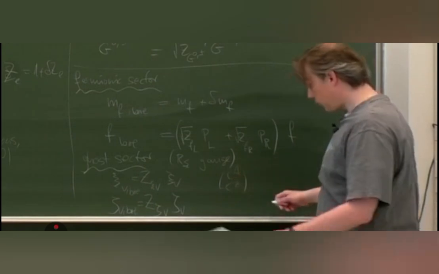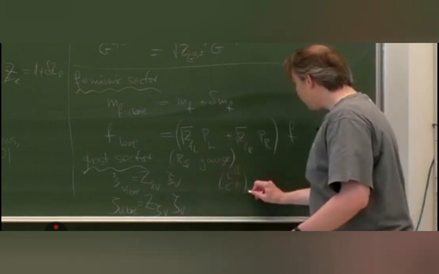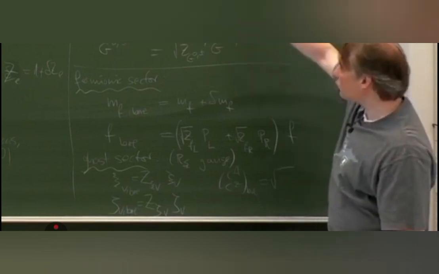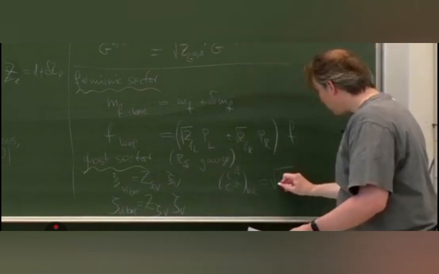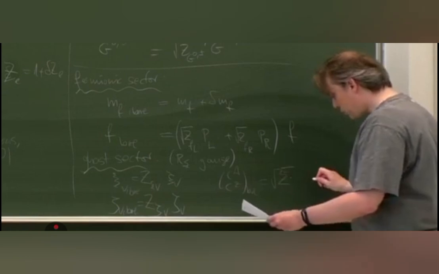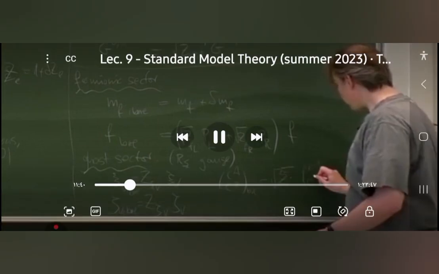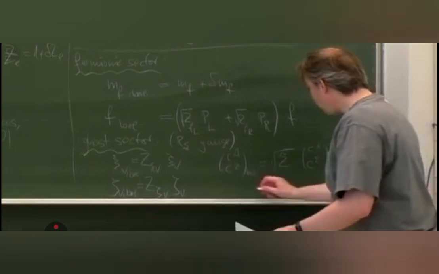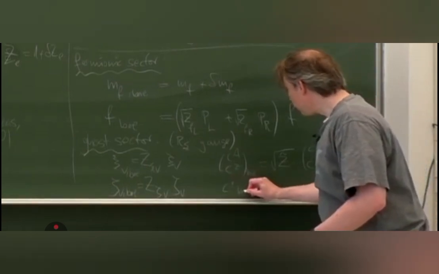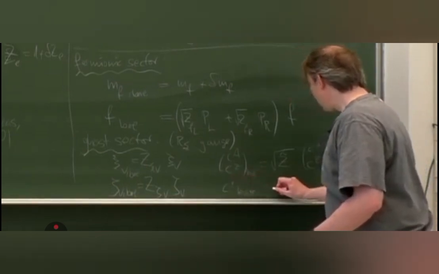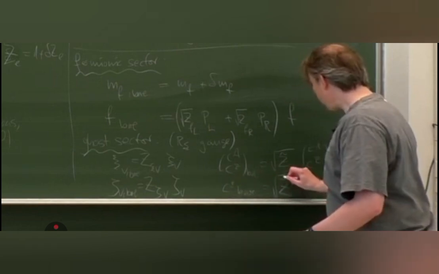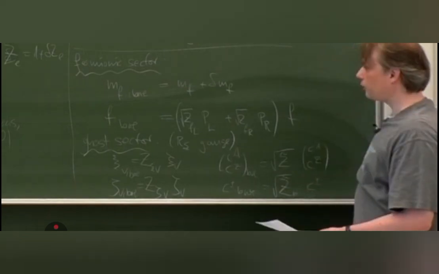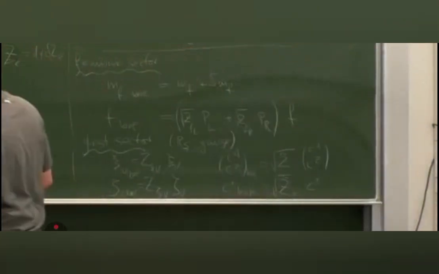C_A, C_Z bare is given by a similar square root of Z matrix like the photon and Z fields, Z tilde, I will call it, acting on C_A, C_Z. And for C plus minus, analogously Z tilde W times C plus minus.